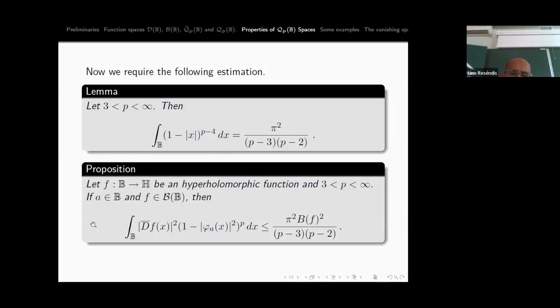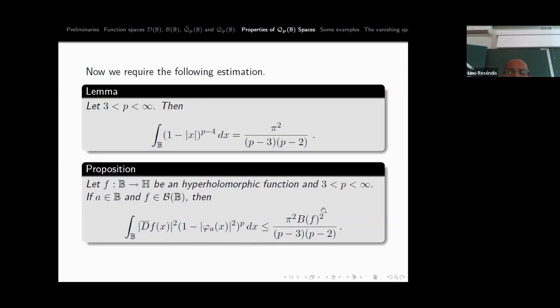Then if we consider a point in the unit ball, and we suppose that F belongs to the Bloch space, then observe that here we have the definition of the Qp space. But now we can estimate this integral in this form, and here appears the definition of the Bloch space.